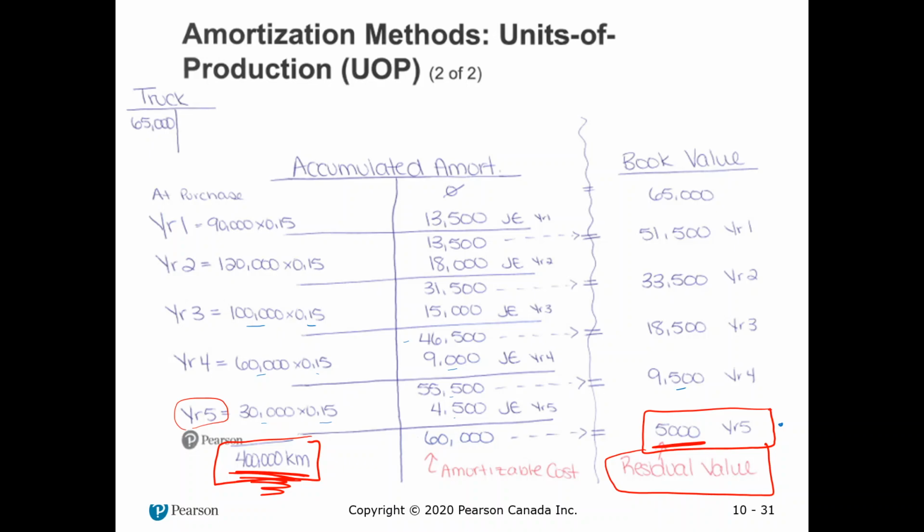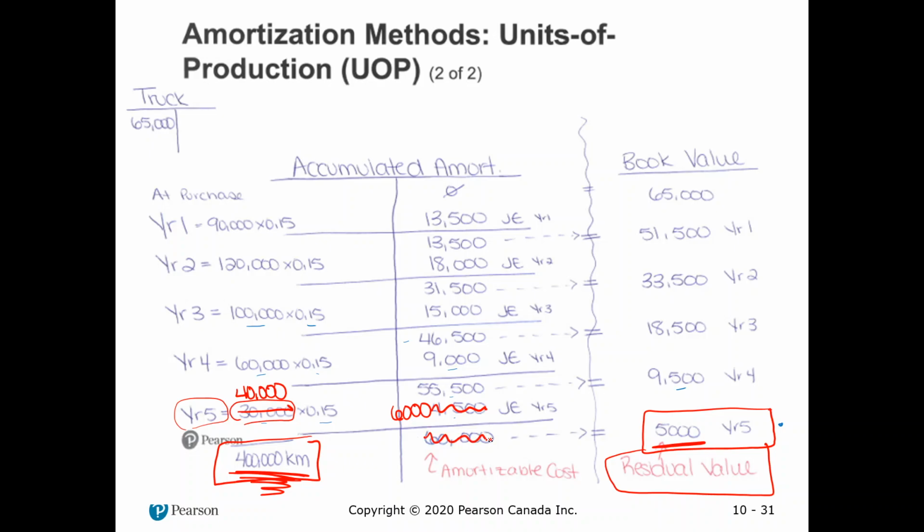When you see other questions in the textbook or on an exam, you're not necessarily going to get this final year as a full amount of kilometers. What I mean by that is, let's say instead here we drove 40,000 kilometers in year 5. 40,000 times 15 cents, now that would be booking $6,000.